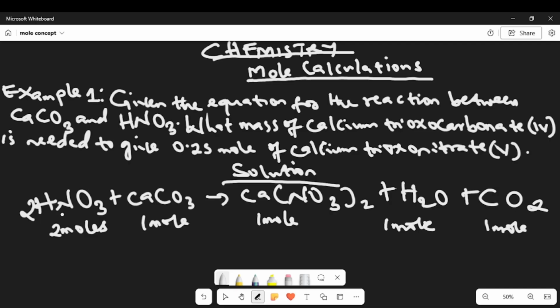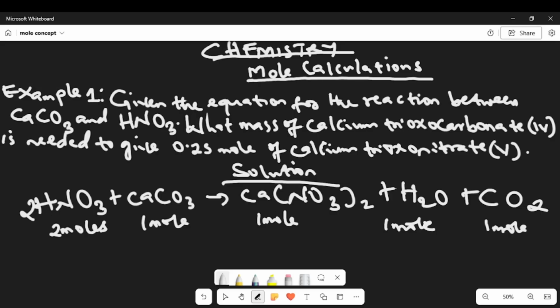So in this reaction between HNO3 and CaCO3, Ca(NO3)2 and water plus carbon 4 oxide are produced. So in this reaction, carbon 4 oxide is given out, right? Now, for you to balance this equation, you have to note the atoms and the number of those atoms in each of the elements.